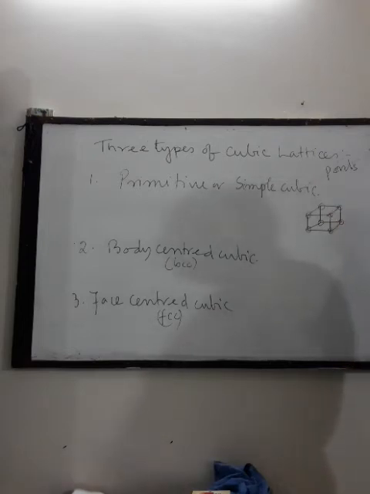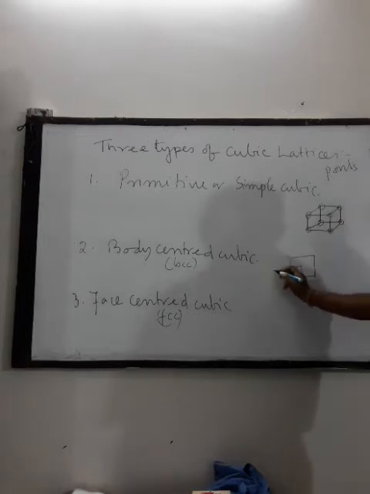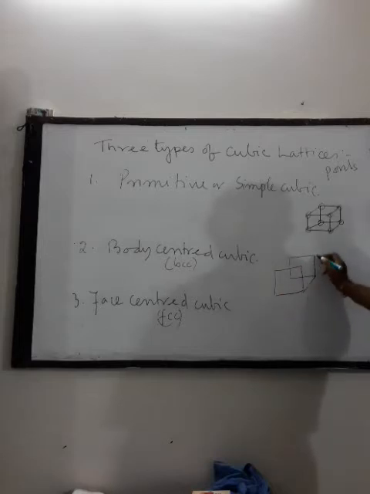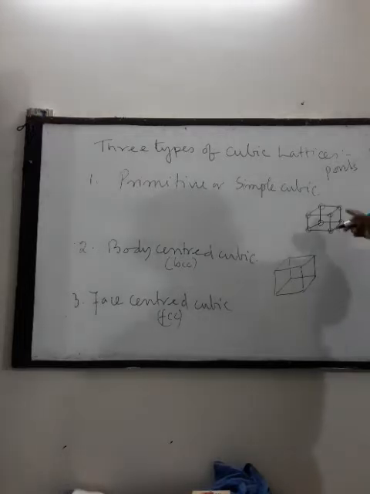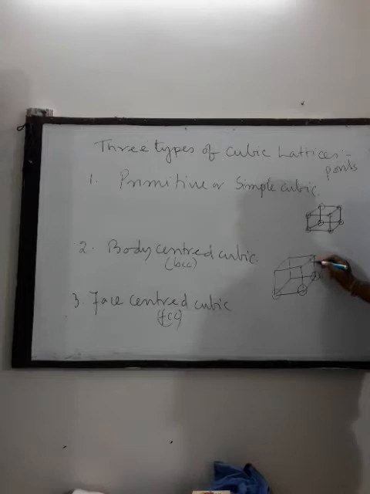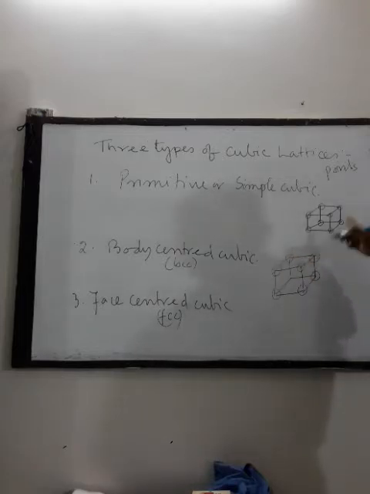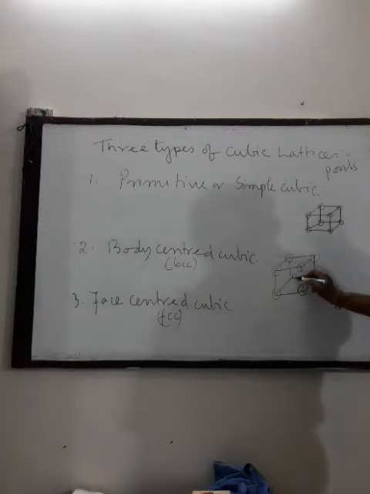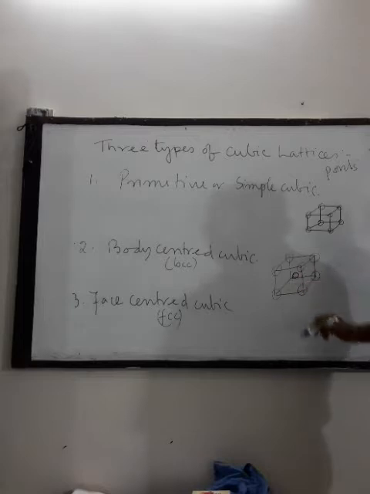Second one is called body-centered cubic unit cell. In this case, like the previous one, atoms, molecules or ions, that is points, are present at 8 corners of the unit cell, same. And in addition, one point, that is atom, molecule or ion, is present at the center of the unit cell.